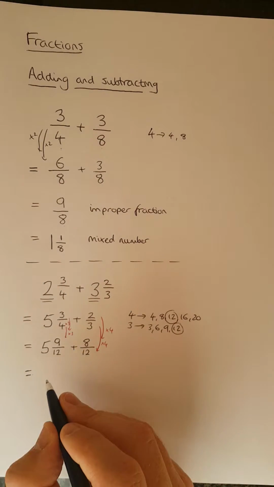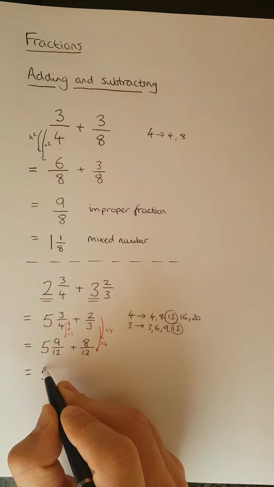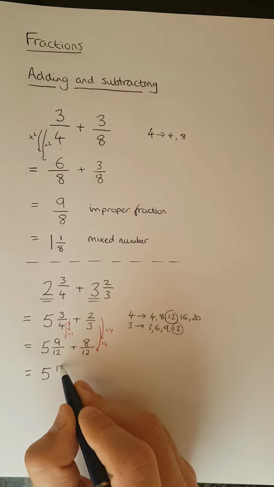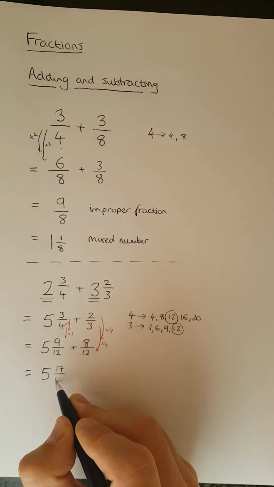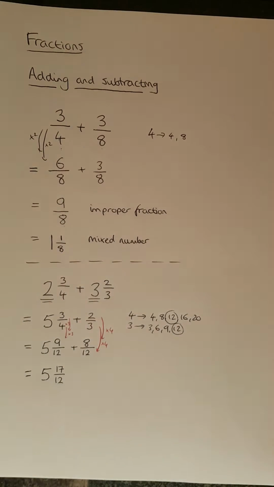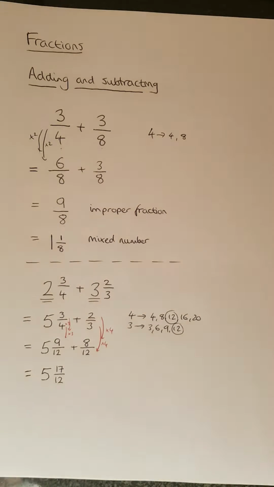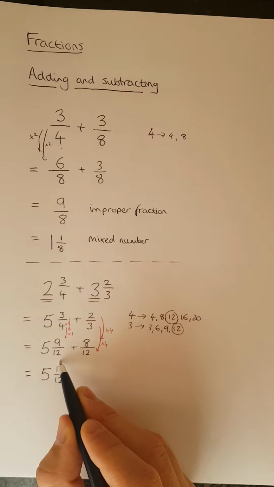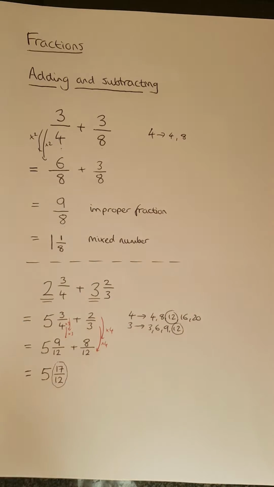Now when I try and add the fractions, I get an interesting answer. And we saw this back when we tackled adding and subtracting with the same denominator. Feel free to go back and watch that video if it helps. 17/12 is not an answer we can leave in a mixed number.